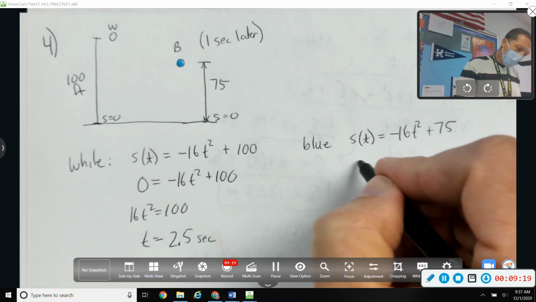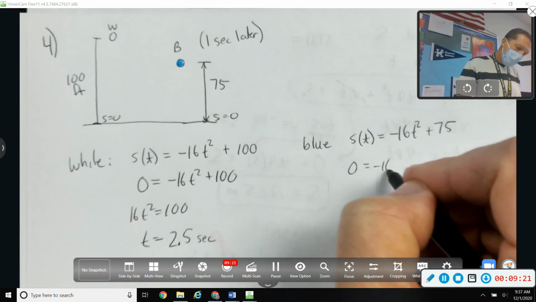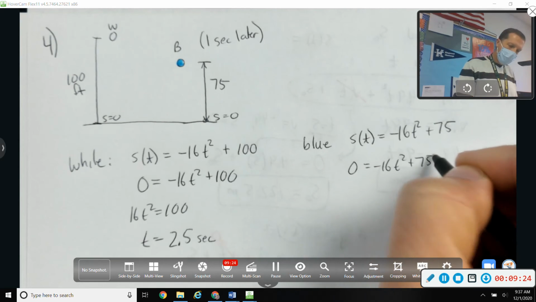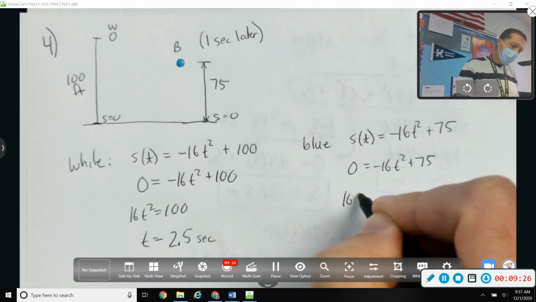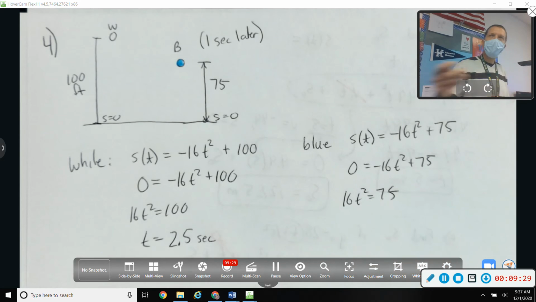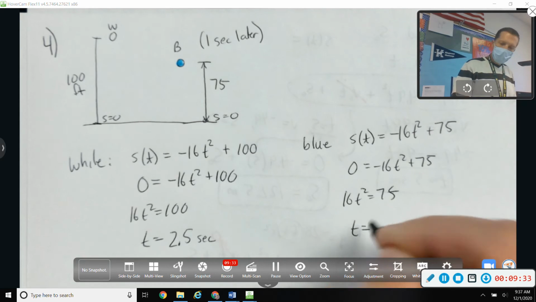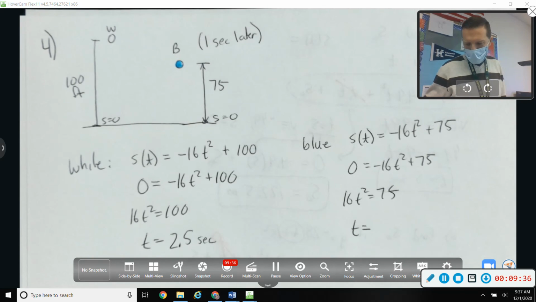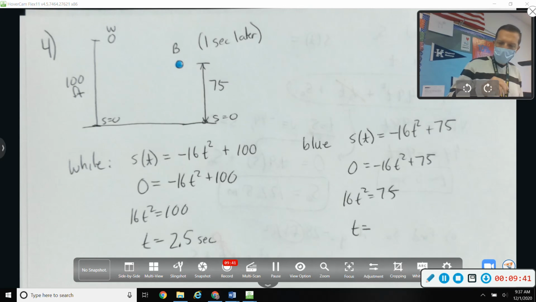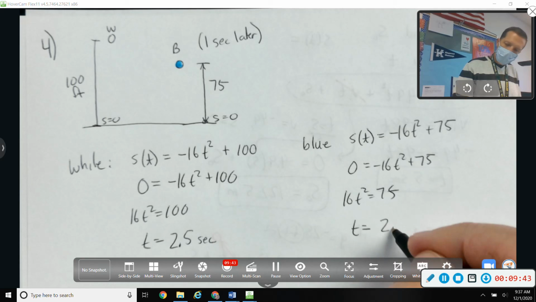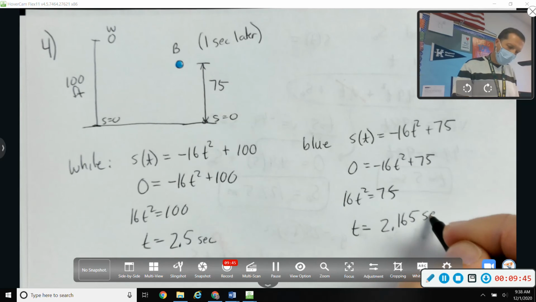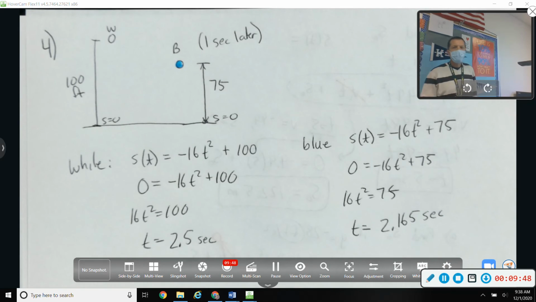The blue one, move things around. 16t squared equals 75. 75 divided by 16, square root of that is 2.165 seconds. But now I've got to account for that 1 second delay on the blue ball.